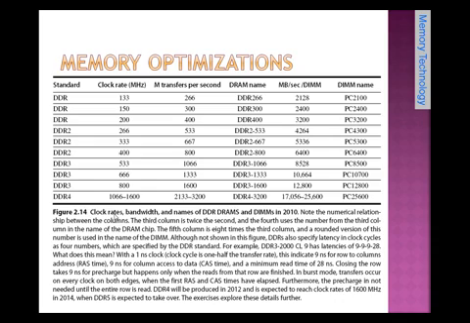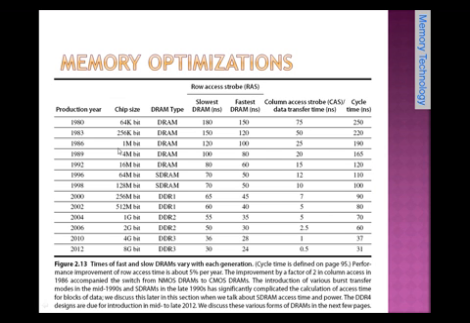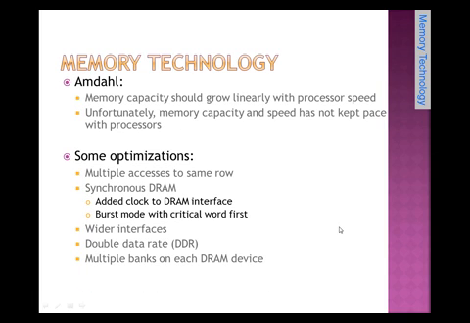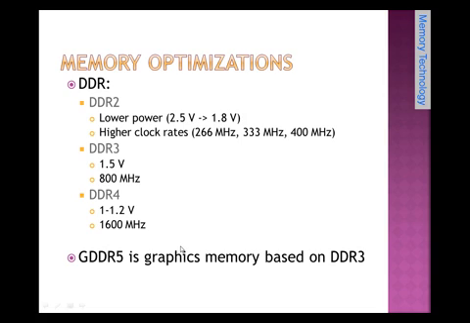This is the next diagram. This is the standard dynamic RAM used. This is DDR, which contains 3 parts: DDR2, DDR3 and DDR4. DDR is double data rate, not dynamic data rate.